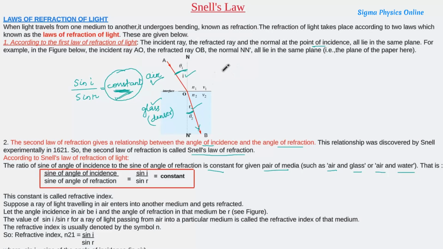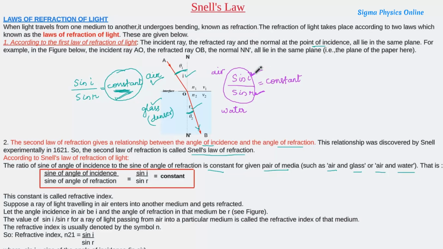Similarly, if we consider that the first medium is air and the second medium is water, then the sine of angle of incidence of light in air divided by the sine of angle of refraction in water will again always be a constant value irrespective of the angle of incidence, because with the change of angle of incidence the value of angle of refraction also will change.